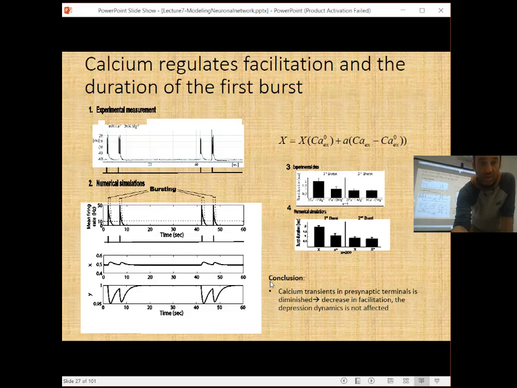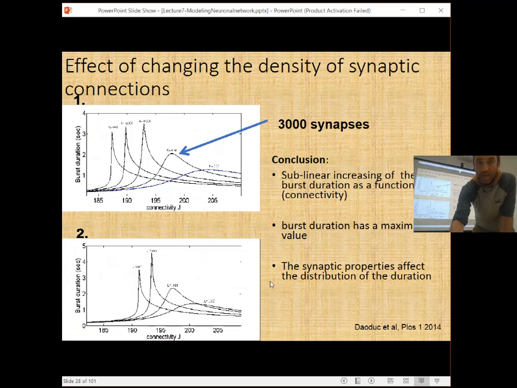So it's almost nothing. Okay, and then what we did is we varied the connectivity and looked at how the burst duration, the period of time the burst is lasting, changes as a function of the connectivity.